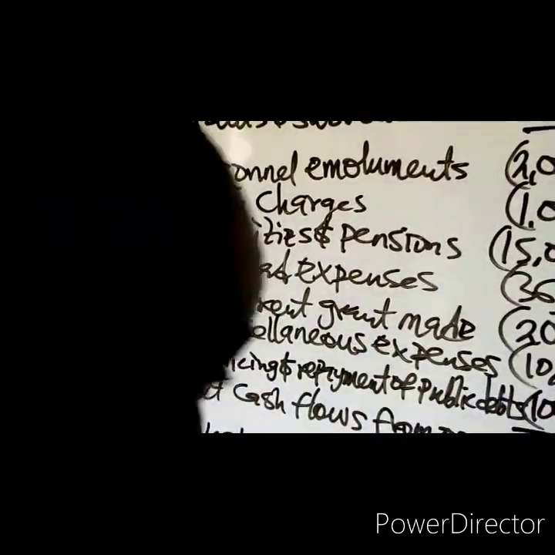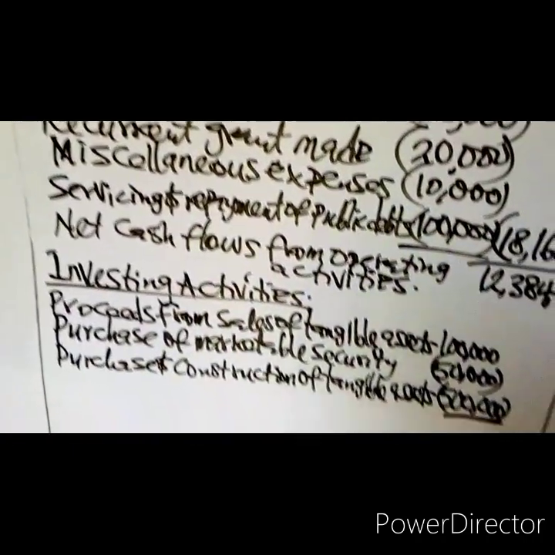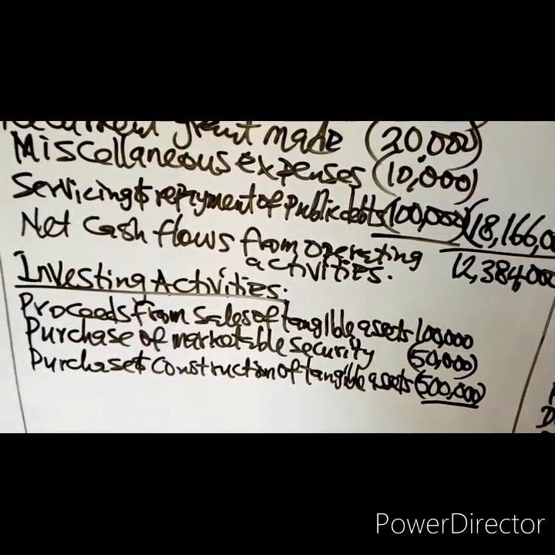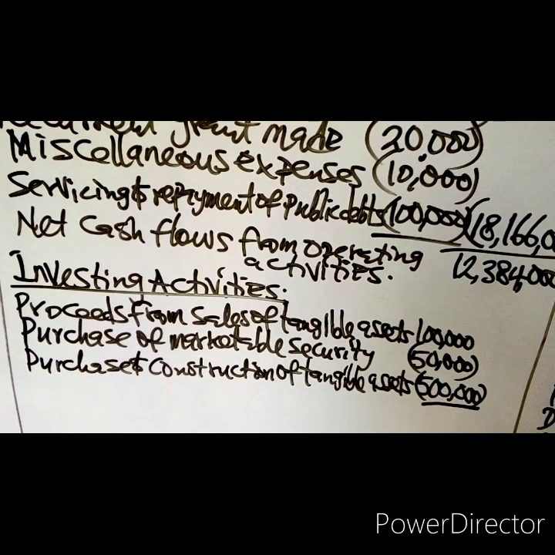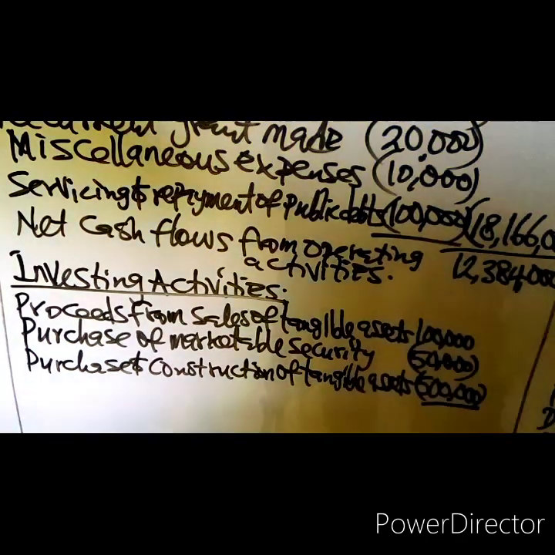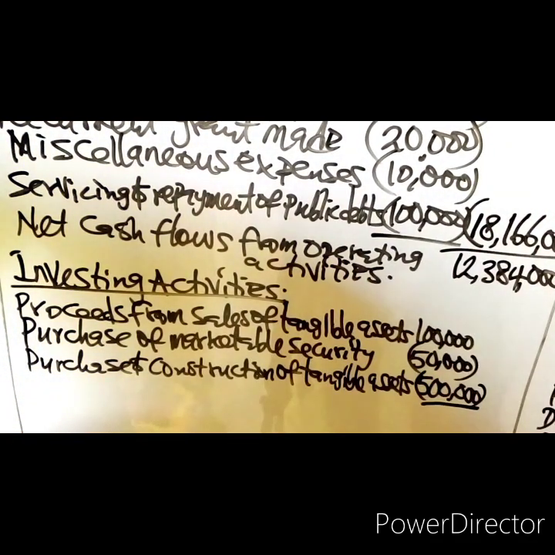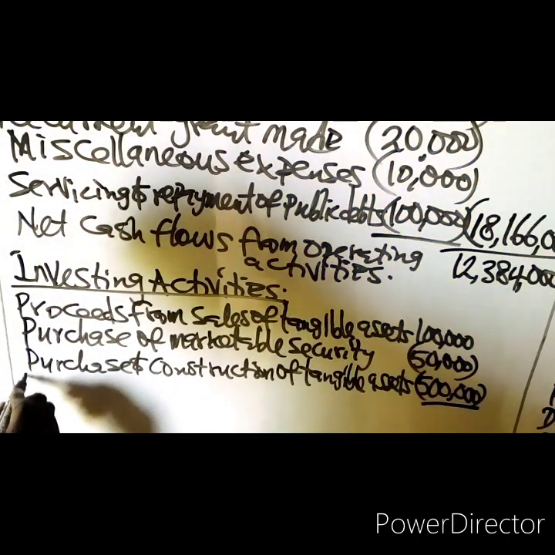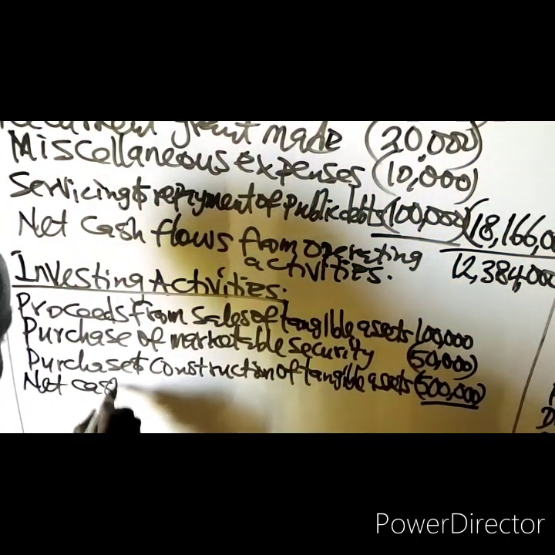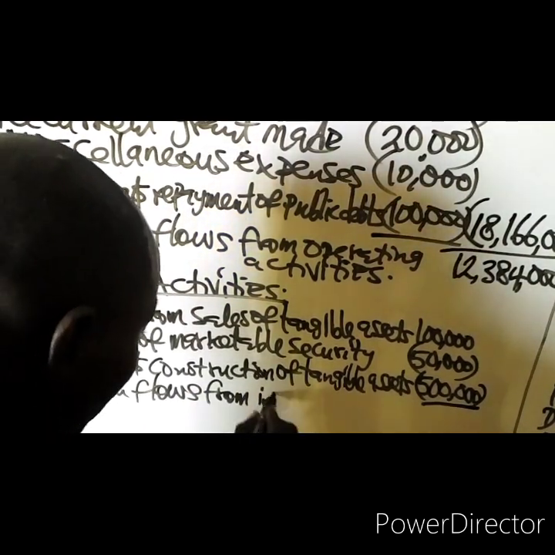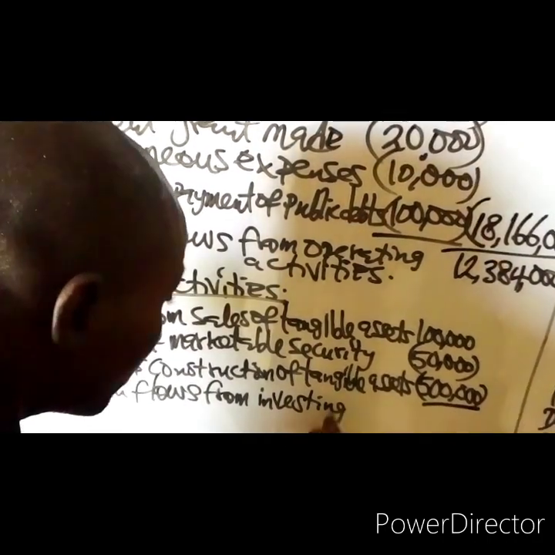So 100,000 minus 50,000 minus 500,000. There you have outflows of 450,000. That is net cash flows from investing activities.